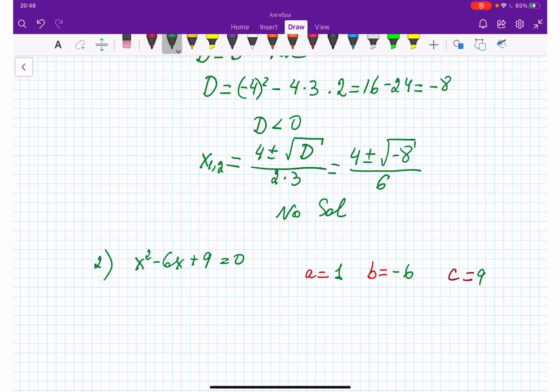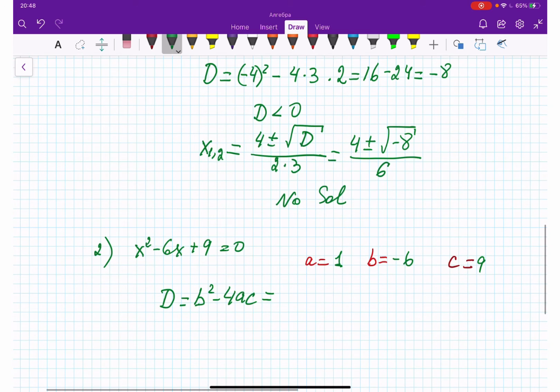From here, the discriminant is b squared minus 4ac, which is negative 6 squared minus 4 times 1 times 9, which is 36 minus 36 equals 0.